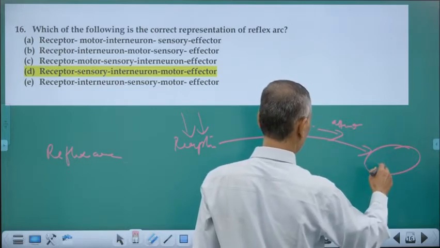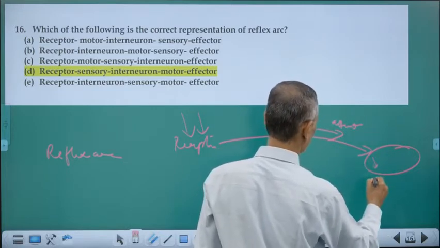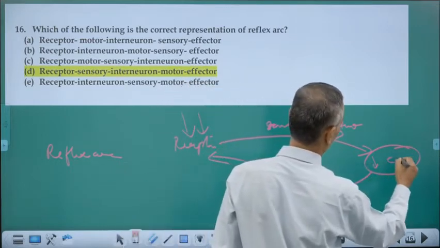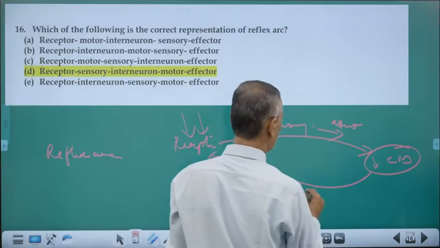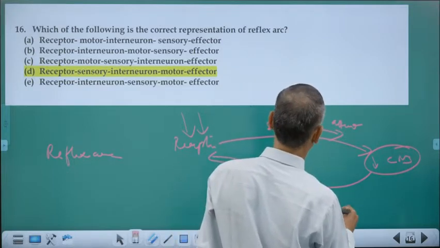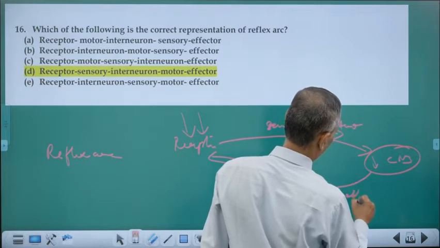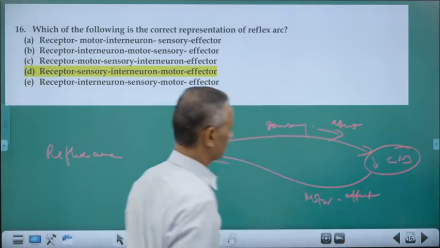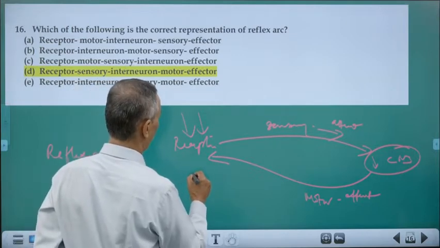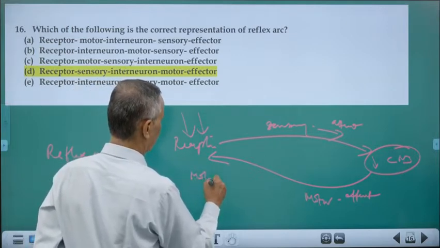Now, in the central nervous system, there will be an interneuron connecting them, and orders are given by the central nervous system through a motor neuron. Motor is also called efferent, which brings the command to a motor organ, the motor end plate.